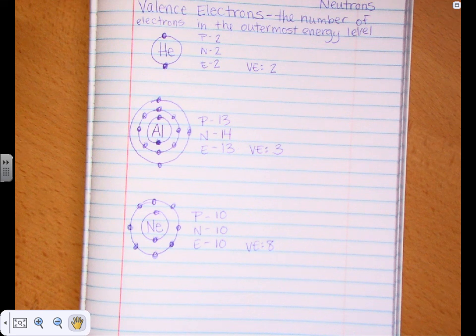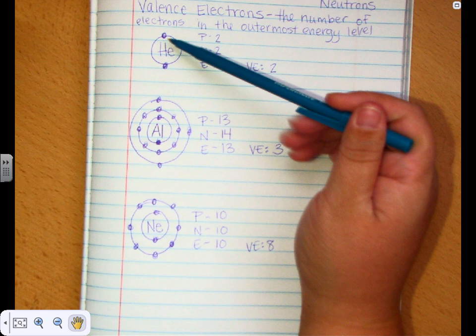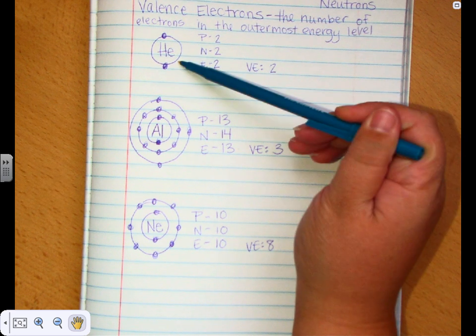Shelby. No. Okay, I'm going to tell you. Is this energy level full? Yes. Is this energy level full? Yes. Every element that is in this column right here, their outer shell or outer energy level is full and cannot take any more electrons. That is why.